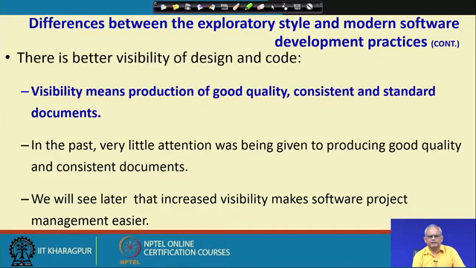Somebody can see that the design is done, the code is done, or the requirements are done. So, these documents improve the visibility. Earlier there was no visibility; you just had to ask the programmer how far he had got. Right now you can see the documents and determine what stage of development it is at.